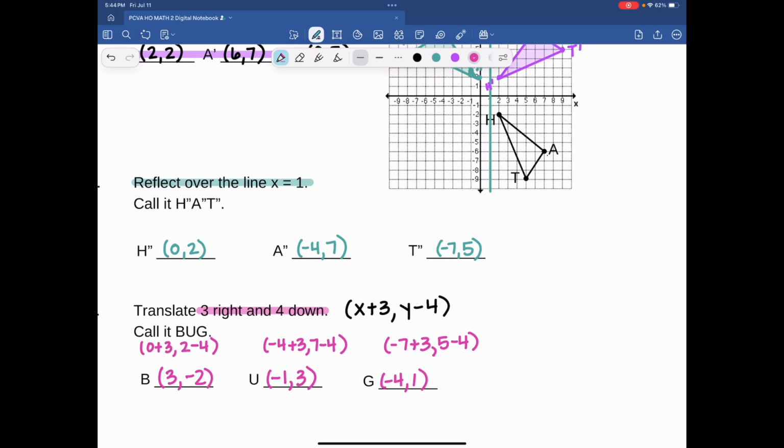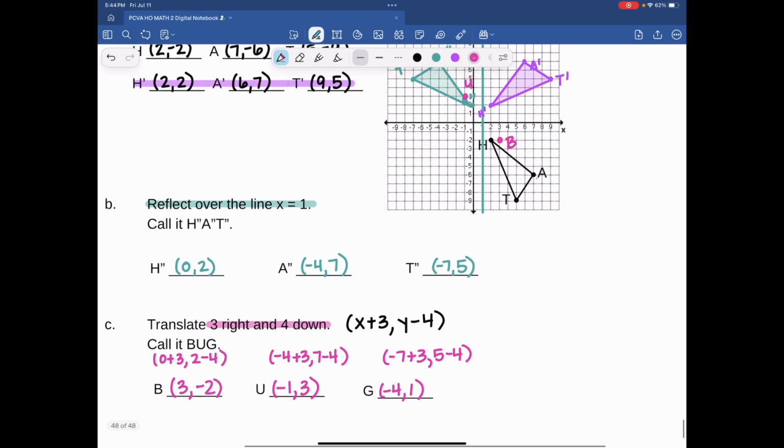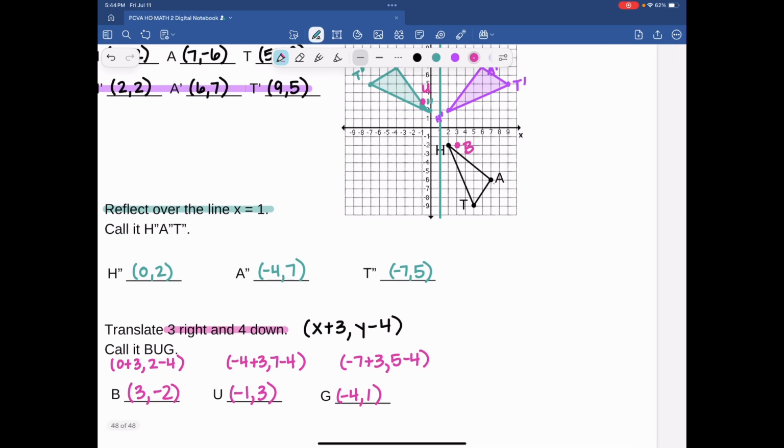Okay, so again, if I were to move these values, so that's B, then I'm going to go to -1 and +3. So that's going to be my U. And then I have -4 and +1.